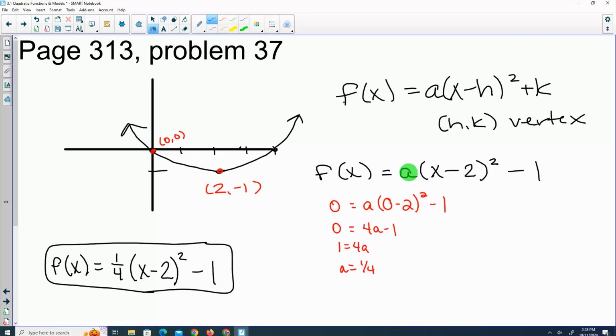Questions on that? Should we try another one of those? Why don't we flip the page and do problem 39 together?